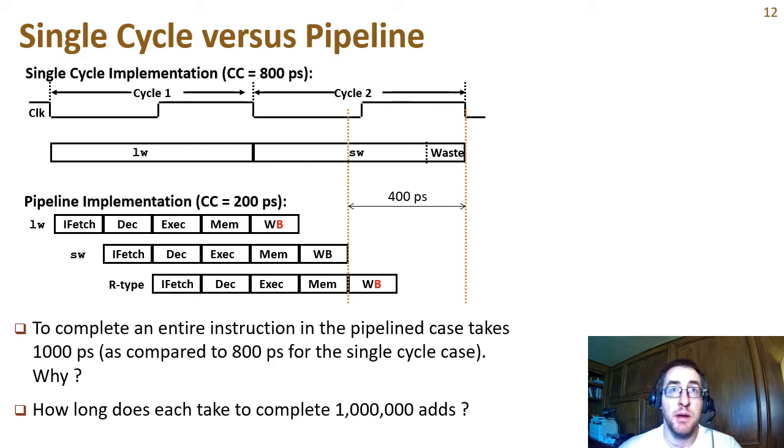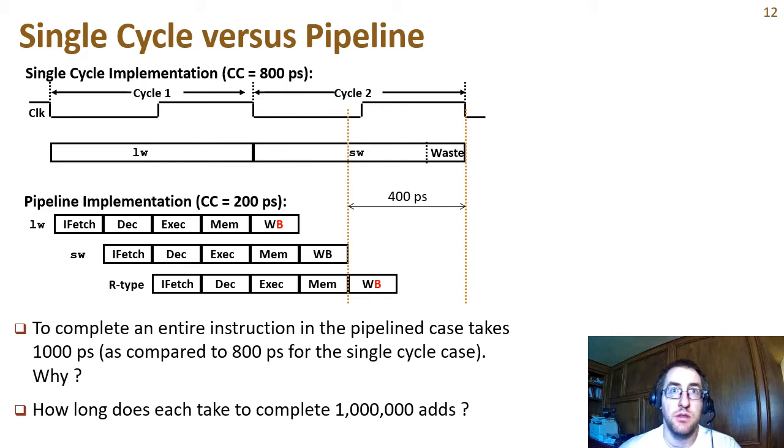1,000,000 adds in the pipelined case takes 800 picoseconds to fill up the pipeline. So the first 4 instructions into the pipeline, remember we talked about n+3, right, as the time it takes a pipeline with 4 stages. Well, this pipeline has 5 stages, so it's going to take n+4 times to complete n instructions.